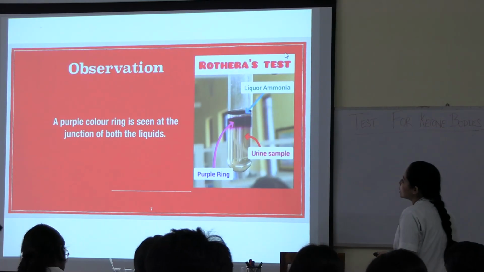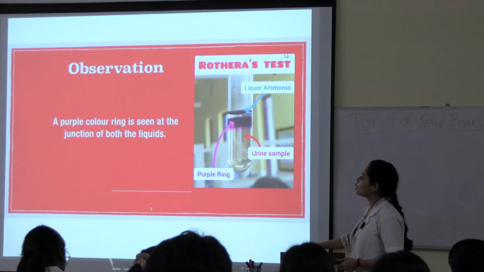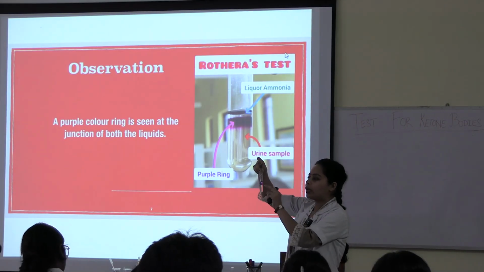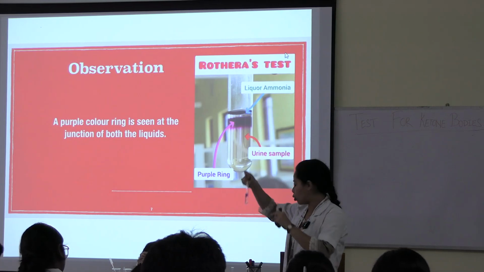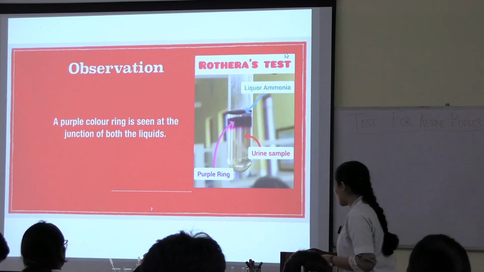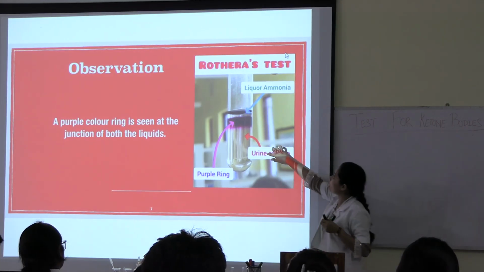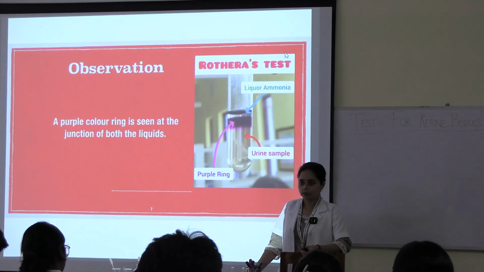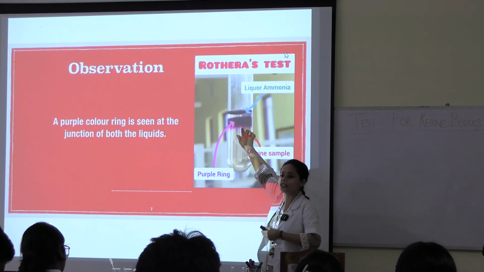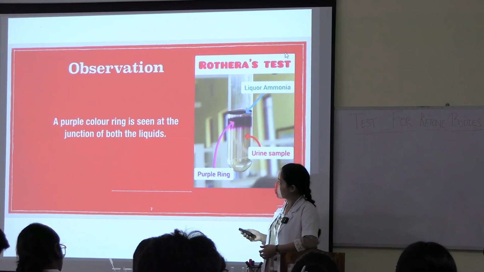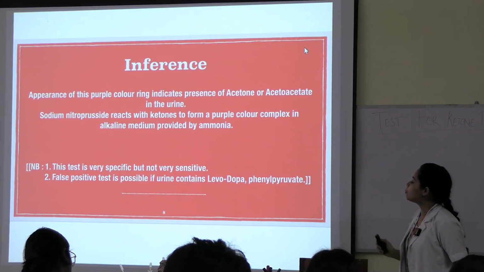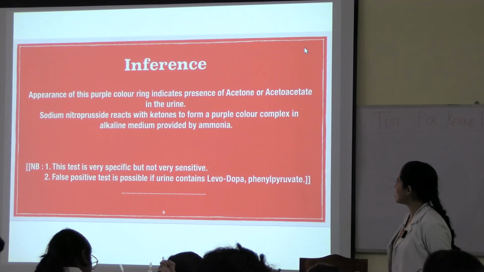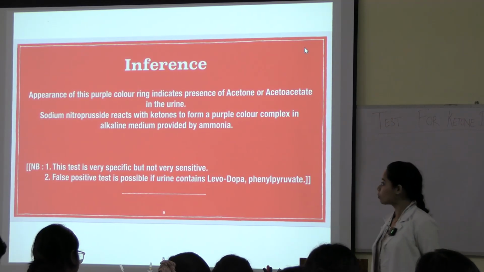So the observation is a purple color ring is seen at the junction of both the liquids. The junction is between the urine sample and the liquor ammonia that I have added in my last step. A purple colored ring will be seen. Now, appearance of this purple colored ring indicates presence of acetone or acetoacetate in the urine.